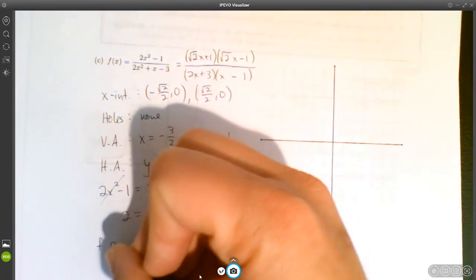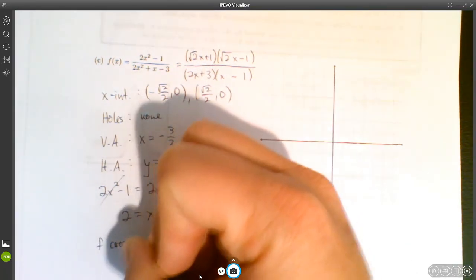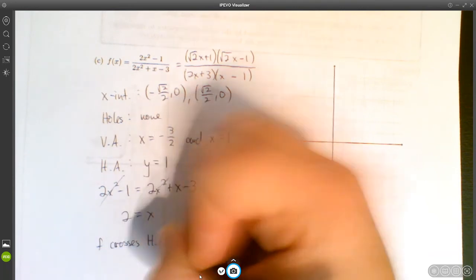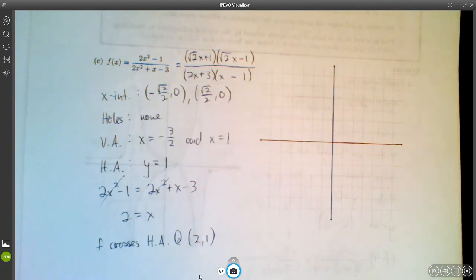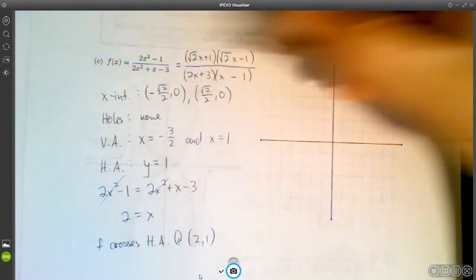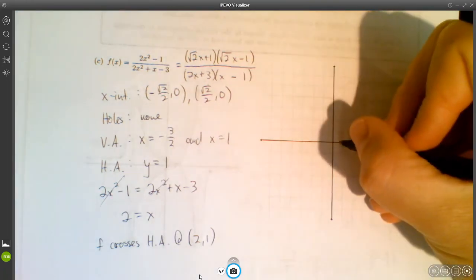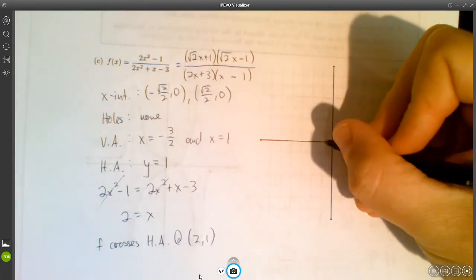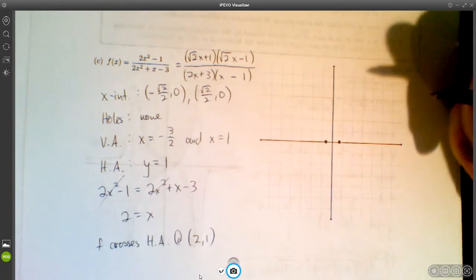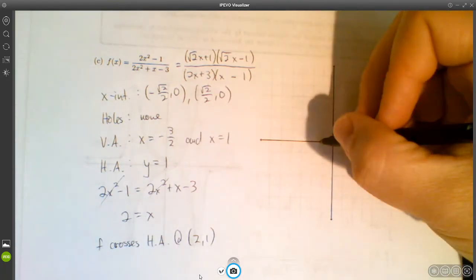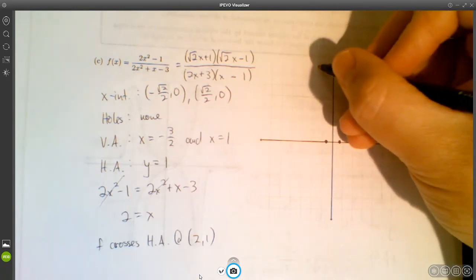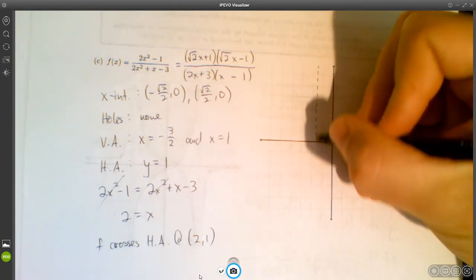So f crosses HA at 2, 1. Okay, all good information. Let's get it on the graph. So x-intercepts at 0.7 and negative 0.7. Then I've got vertical asymptotes at negative 3 halves, so 1 and 1.5, so negative 3 halves there.